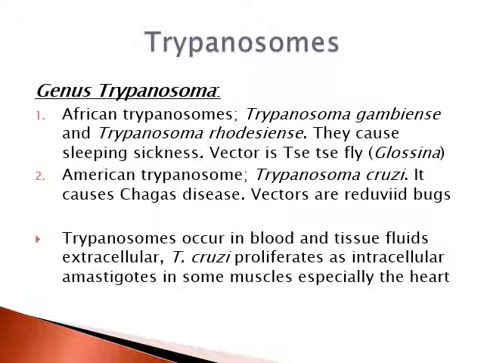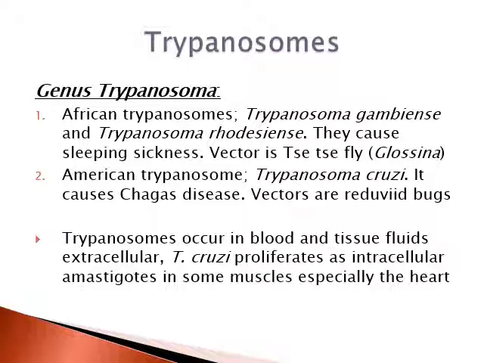They cause the disease sleeping sickness. Sleeping sickness is a disease confined to Africa, and the vector is the tsetse fly, as the natives call it, and the scientific name of it is Glossina.